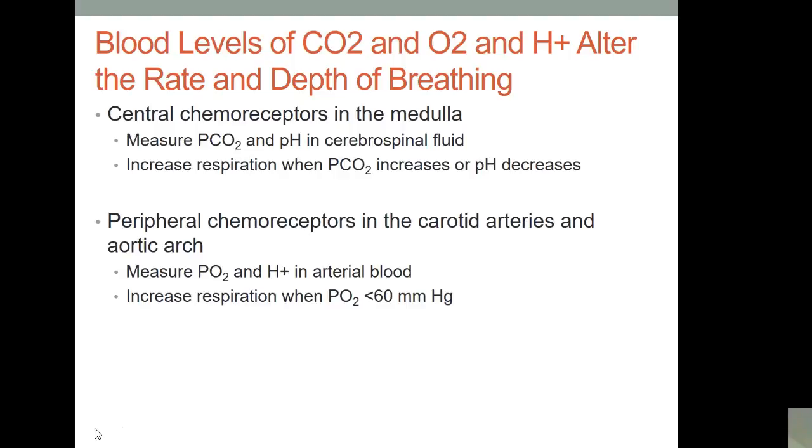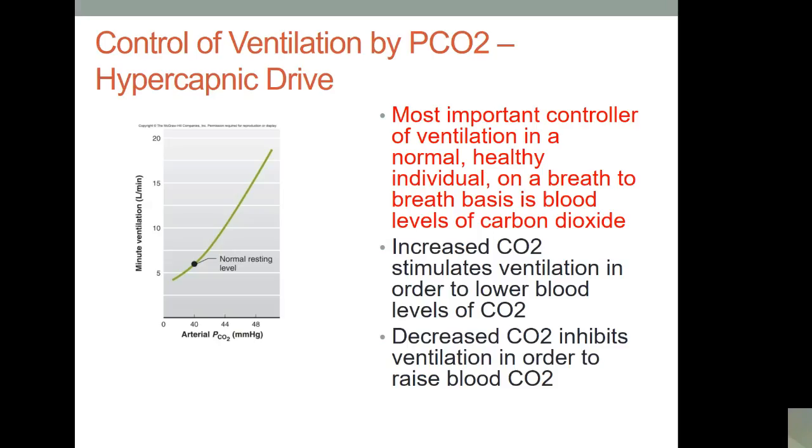And these measure both PO2 of the arterial blood and the hydrogen ion concentration of the arterial blood. And the O2 is going to increase respiration when the PO2 is less than 60 millimeters of mercury. Okay, so let's look at those things.